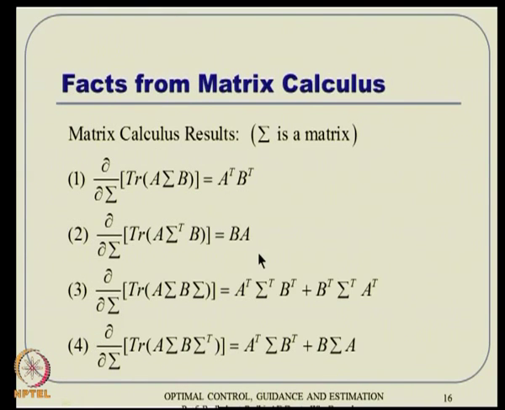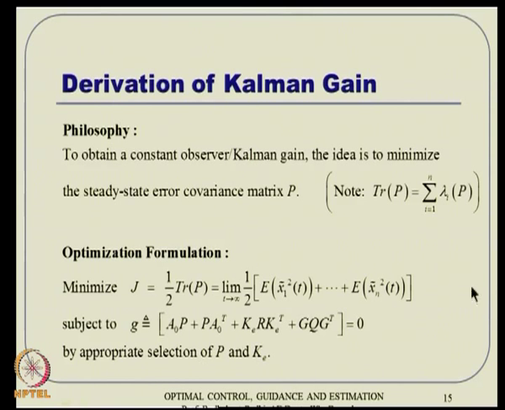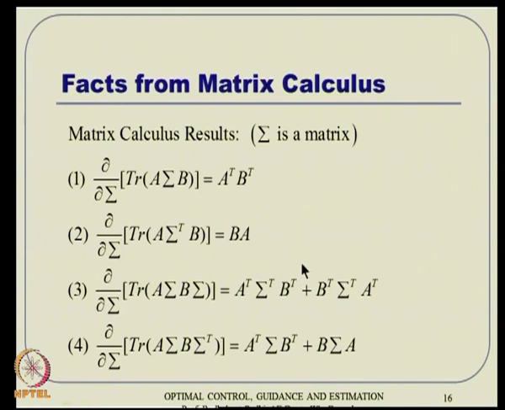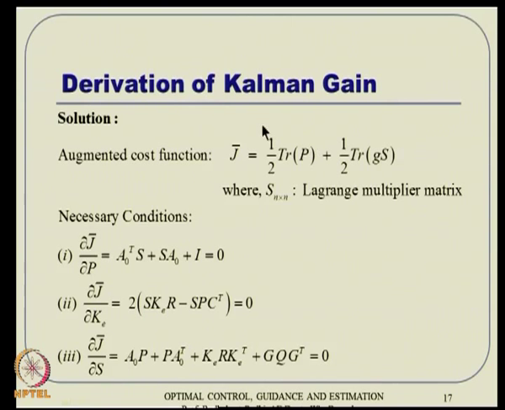We have this optimization problem where we minimize this cost function subject to this equation being equal to 0. The theory tells us that you can have an augmented cost function, which is the original cost function plus half of the trace of G times S, where S is a Lagrange multiplier matrix.